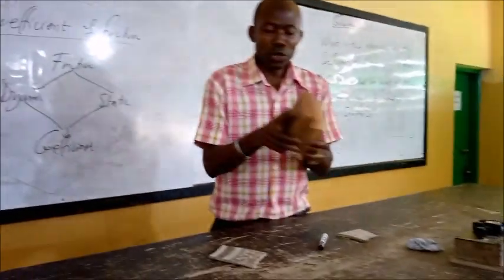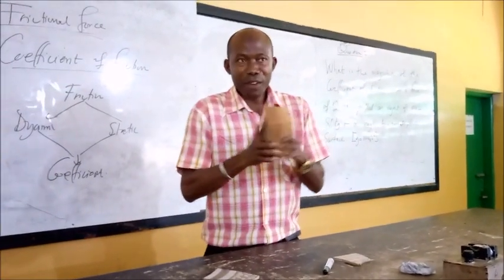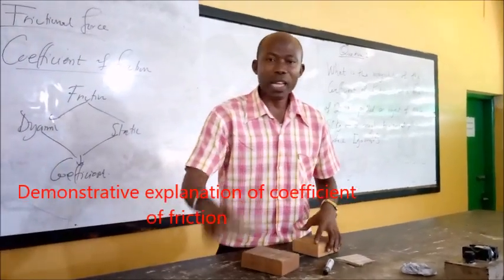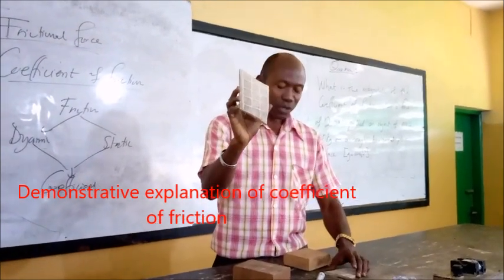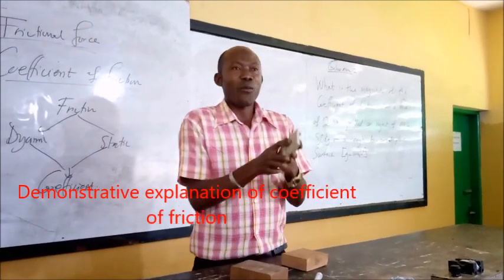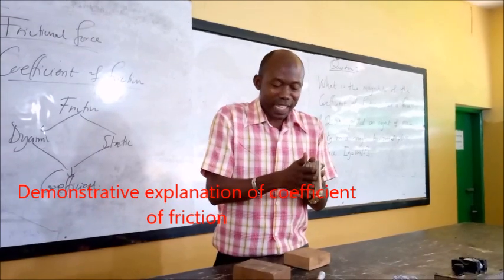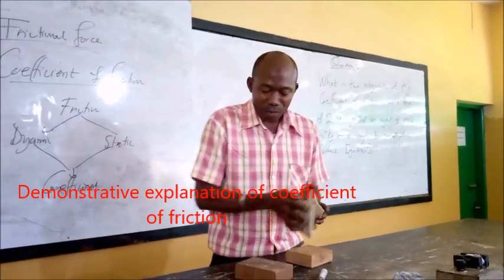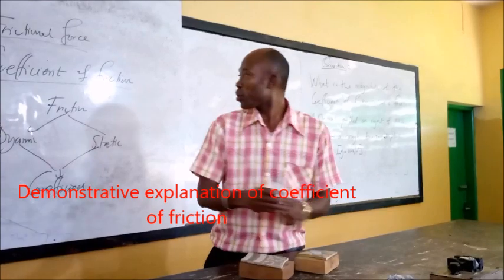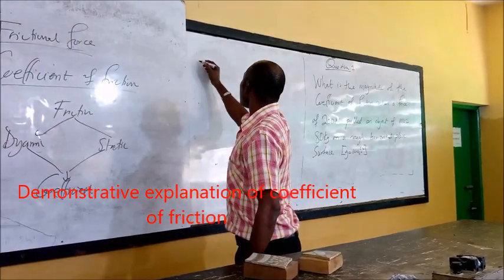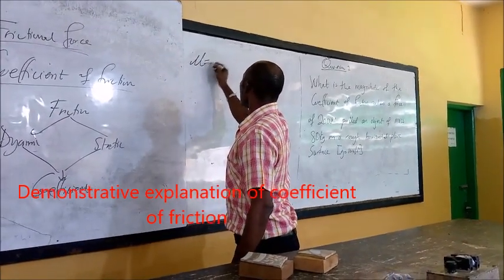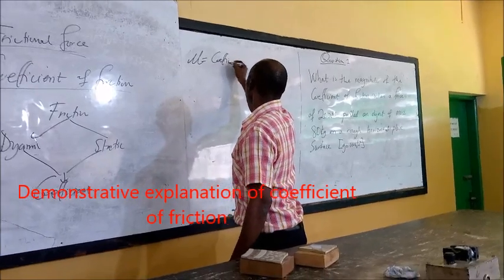For instance, if I rub these two surfaces together, the frictional force here is different from when the objects are rough. The surface here is rough, another rough surface. When I rub them together, the friction that exists here is different from this place. That is why we use the term mu as the sign of coefficient of friction.